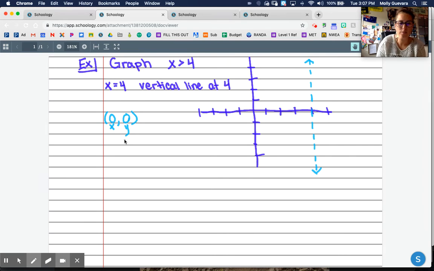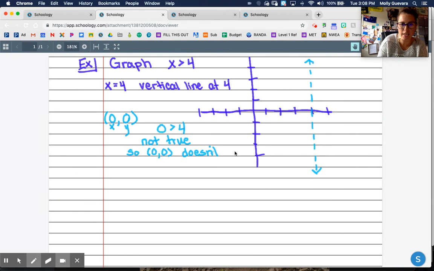So this is x and y, and I'm going to plug in my values. X, in this case, is 0, and I get 0 is greater than 4. Then I have to ask myself, is that true? Is 0 greater than 4? And hopefully you said no. Not true. So what that tells us is the point 0, 0 does not work.